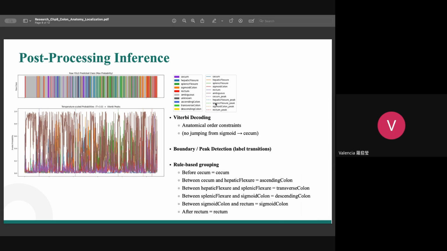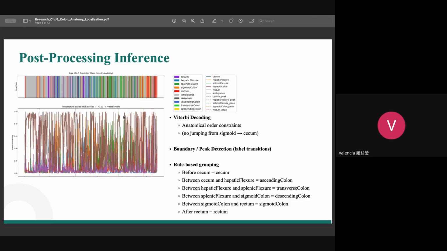And after that, as you can see in this graph, it looks very messy, because a lot of things in here are ambiguous. If you see there's a line, this is the boundary peak that we get after the calculation from the Viterbi decoding and the hidden Markov transition.